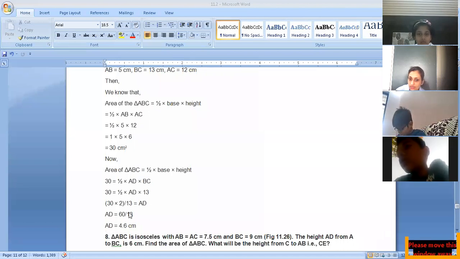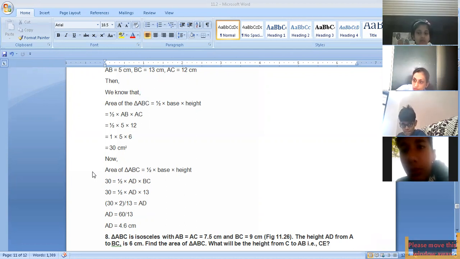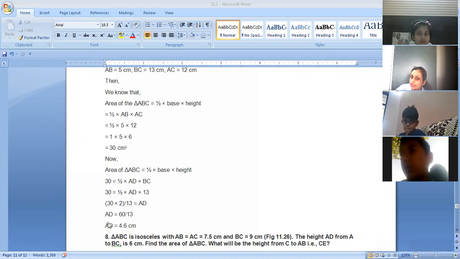We'll divide it: 30, 1 by 2 when shifted this side will become 2 by 1. Fractions will get reciprocal when they are transposed. Keep it in your mind. So when you are transposing any fraction, it will get reciprocal. 1 by 2 will change into 2 by 1.